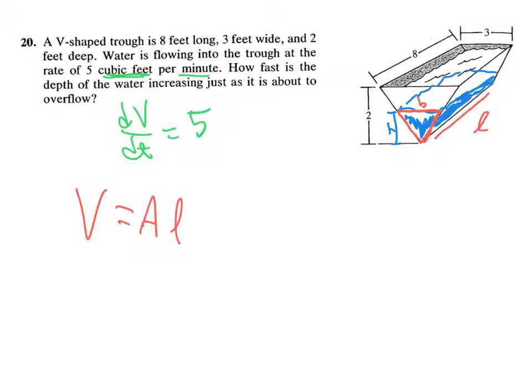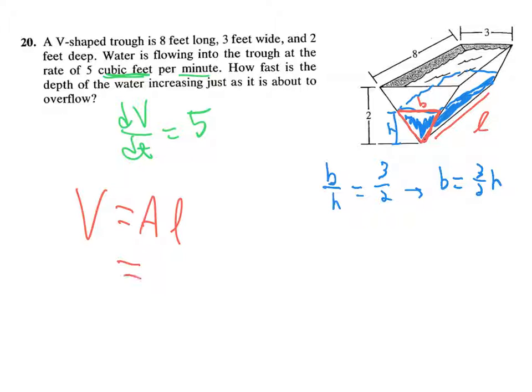We can see that that triangle is similar to the overall triangle here in yellow. And what we end up with, of course, is that the base is to the height as 3 is to 2. Or our base is 3/2 our height.